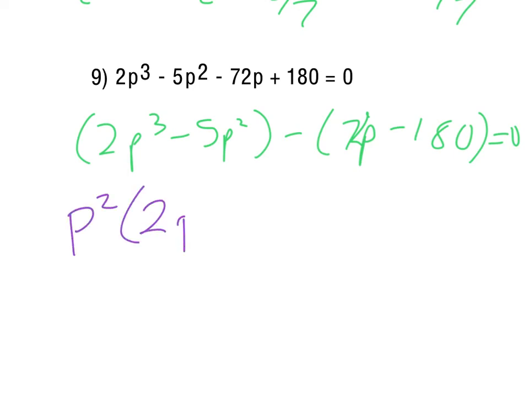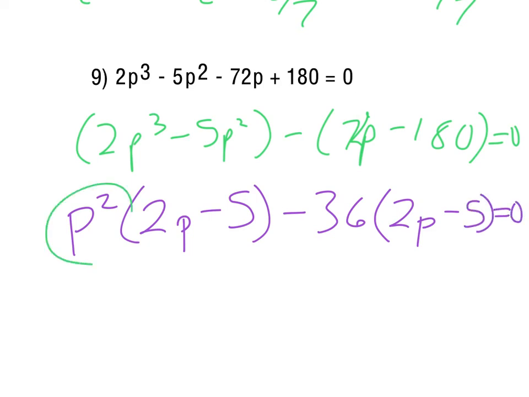Leaves us with 2p minus 5. For the 72p minus 180, again, you can use the 2p minus 5 as kind of a guide. I know that 36 times 2 is 72, so I can see, okay, I need to take a 36 out of that. It does work out because 36 goes into 180 5 times.